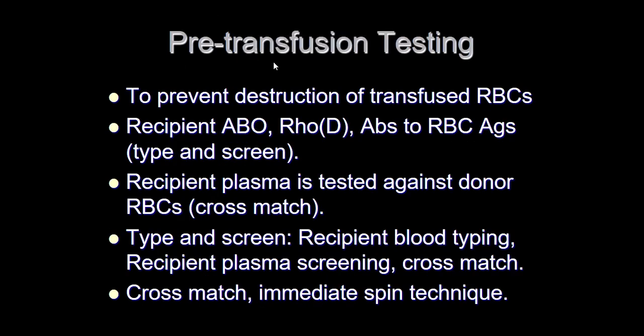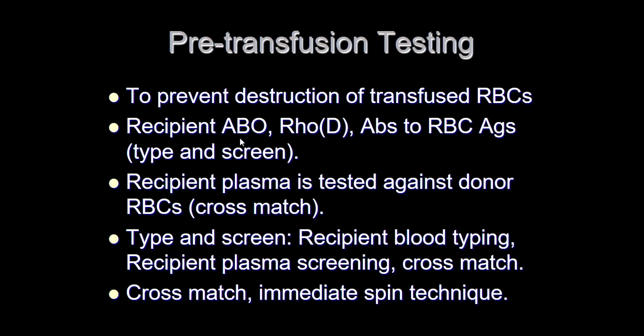So then before a transfusion, we do what we call the pre-transfusion testing, or type and screen. And this method that we do in the blood bank, the goal of that is to prevent the destruction of the transfused red blood cells, as simple as that.